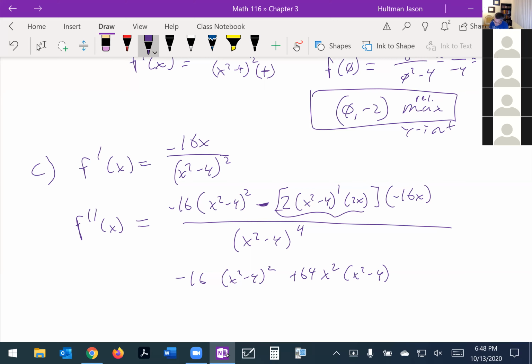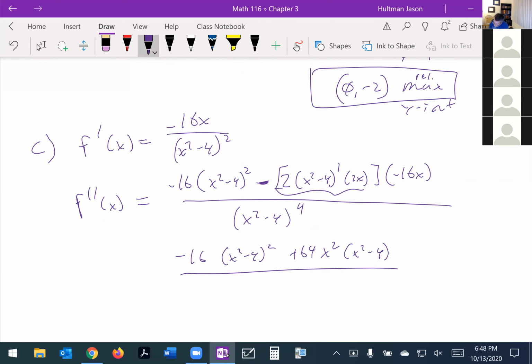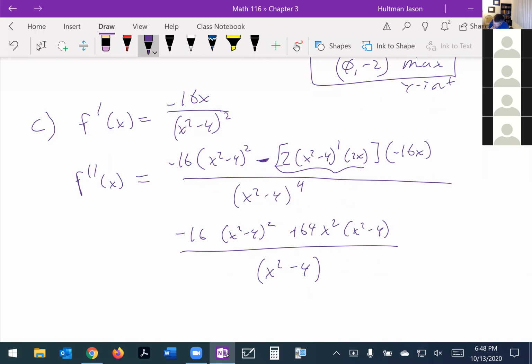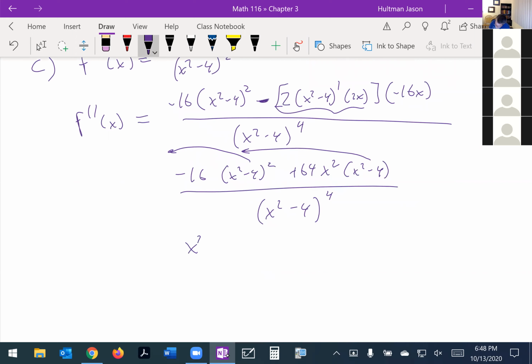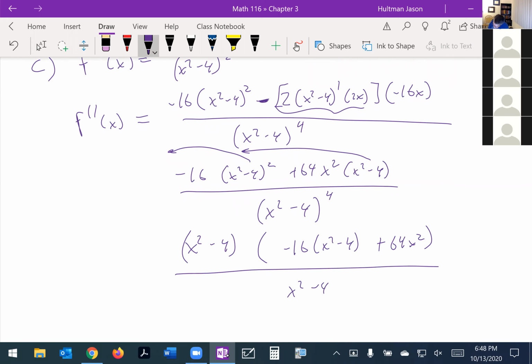Now I could factor on the top. Actually, I could pull out an x squared minus 4. That would be helpful, because if I pull out 1 x squared minus 4, then I get x squared minus 4 times negative 16 times x squared minus 4 left over, plus 64x squared, all over x squared minus 4 to the 4th. So one of these is going to cancel, leaving me with a third.